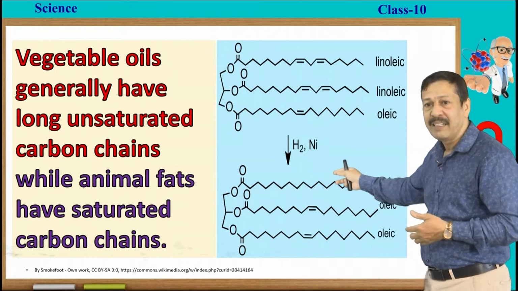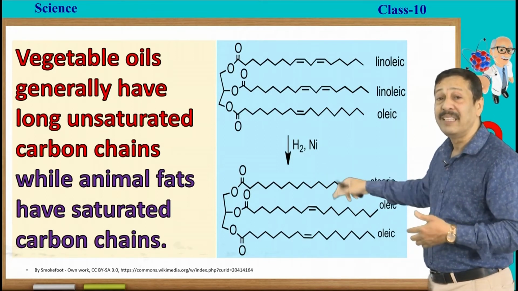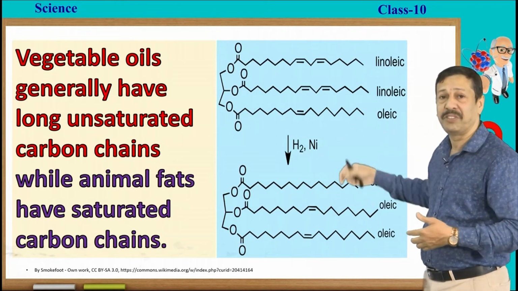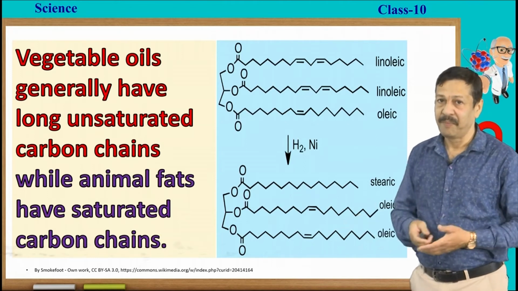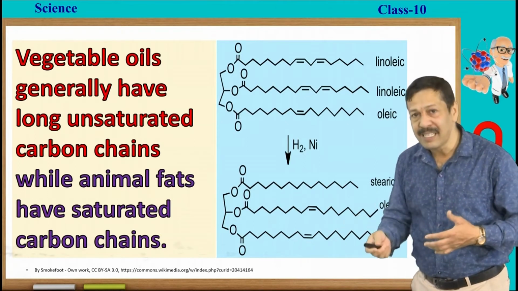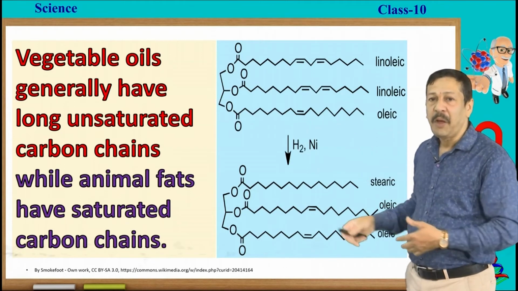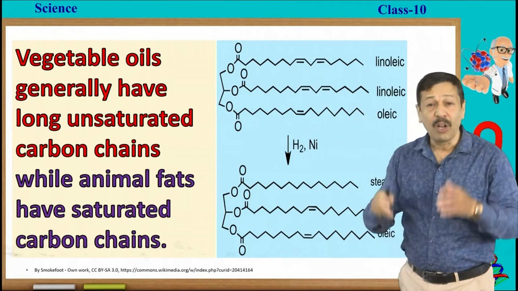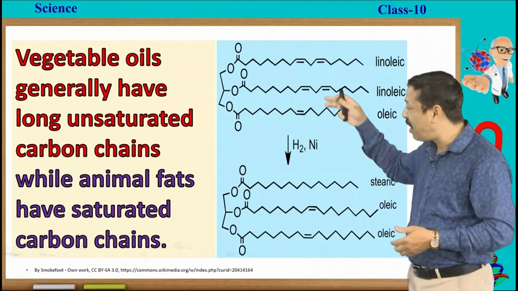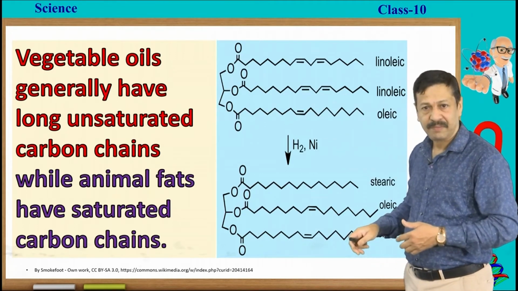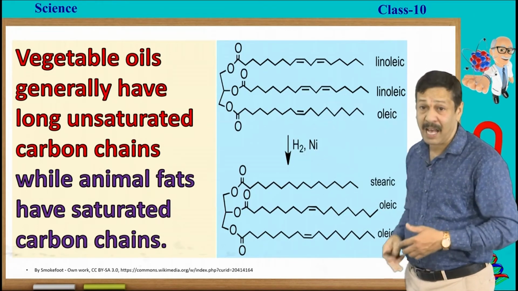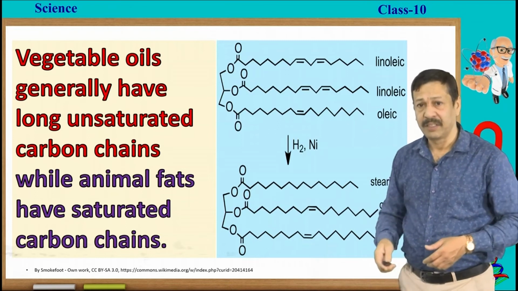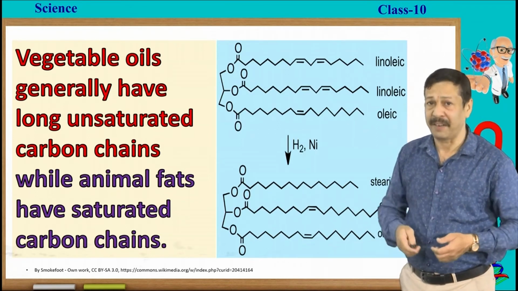See here there is no double bond. They are converted into single bonds. That is the conversion of oils into fats. Vegetable oils generally have long unsaturated hydrocarbon chains, while animal fats have saturated carbons. Then which one is better?